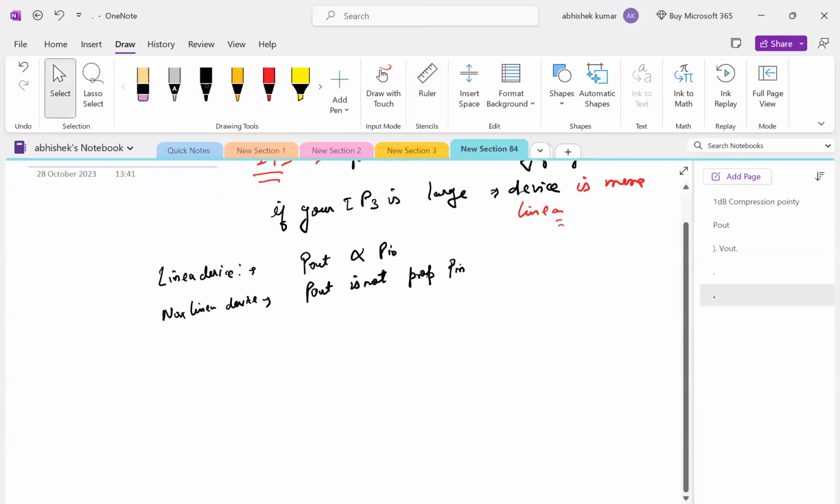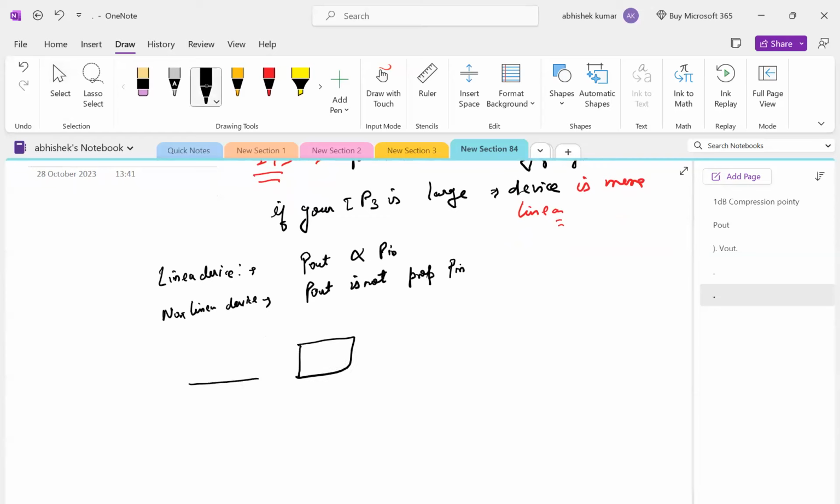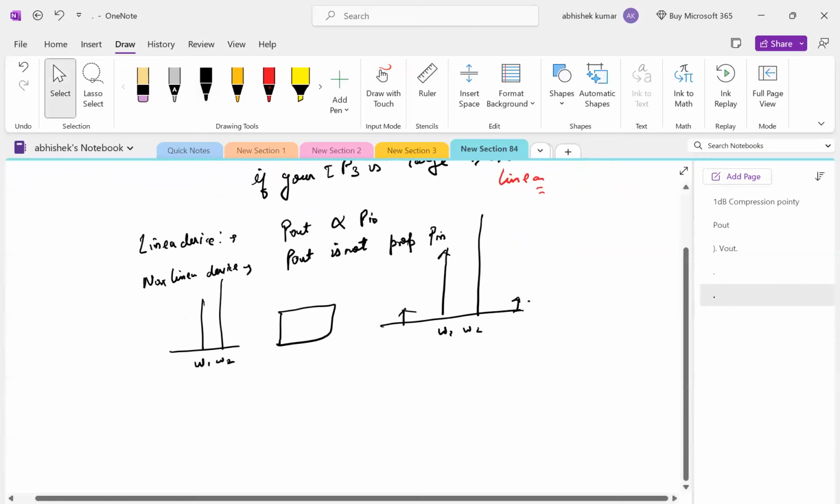So when we send two sine waves, omega 1 and omega 2, we get different interferers, the other two intermodulation terms. Now we take our P input.